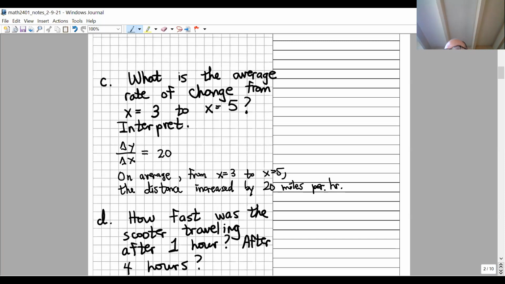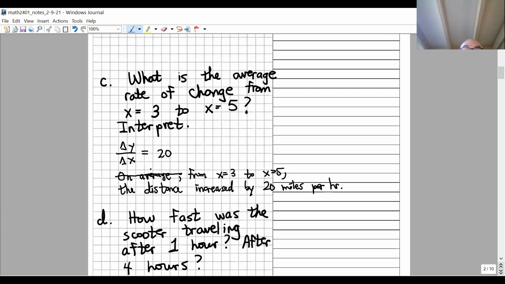So for straight lines, average rate of change is really just the same as slope. And in fact, for straight lines, you really don't even need to include the phrase "on average." In your interpretation, you could have dropped it because the rate of change for lines is always steady.